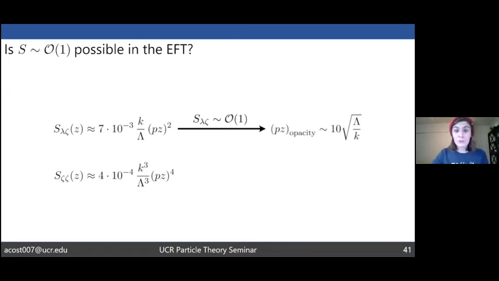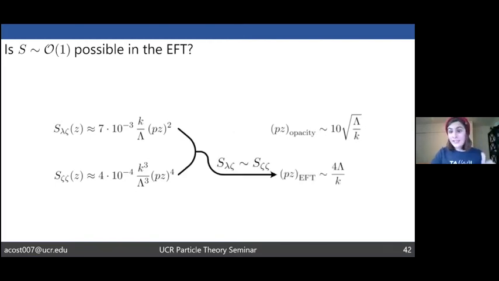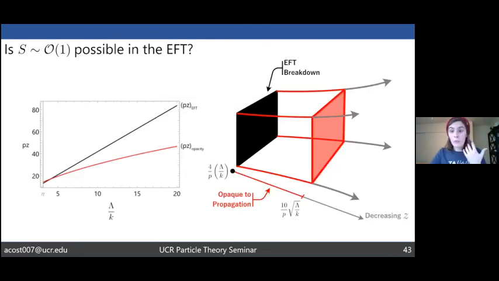Doing the first, we get that PZ when S becomes order 1 goes as square root of lambda over K. And by comparing these two contributions, we get that this PZ goes as lambda over K. So this is the key thing, these are different functional dependencies. So if we plot these out on a graph and use the fact that by naive dimensional analysis, lambda should be order K or larger, order pi K or larger, we find the following.